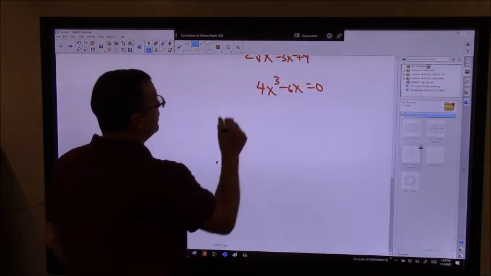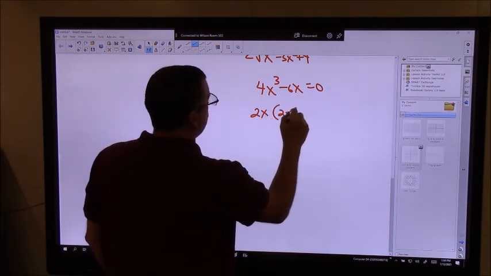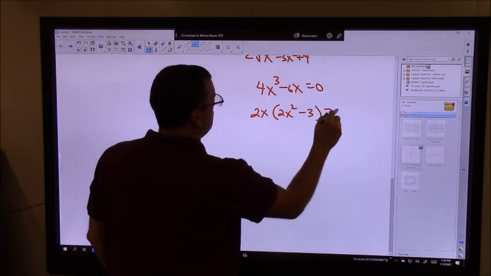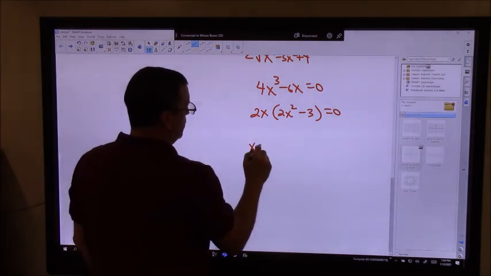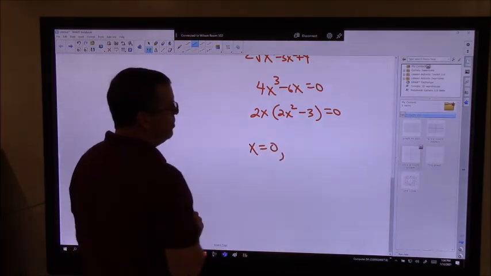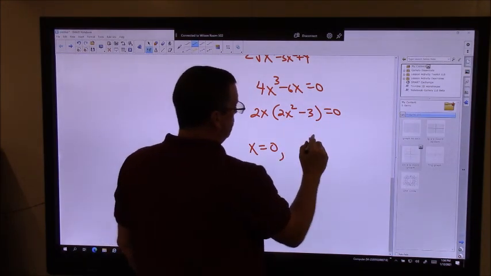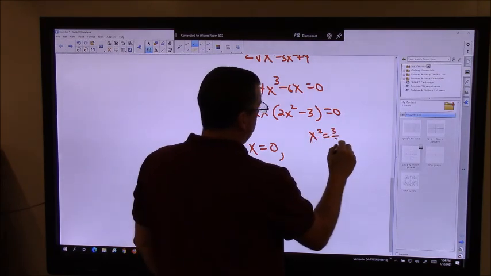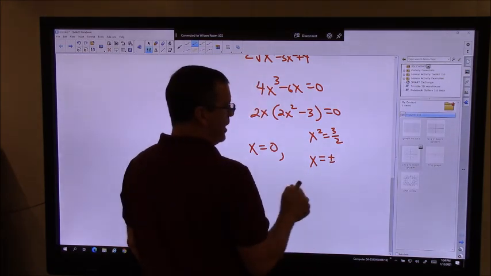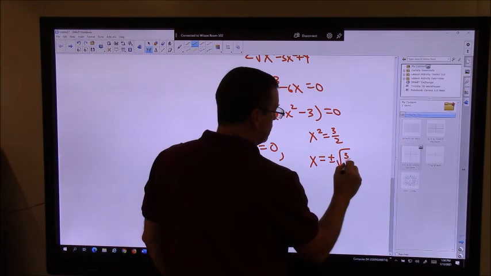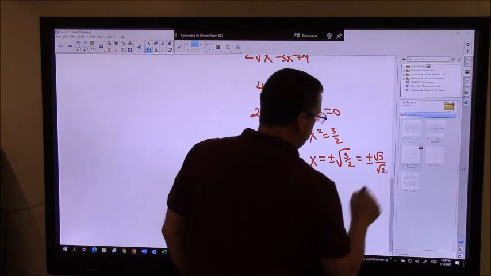So let's see, I'll factor out a 2x, and so I'm left with 2x squared minus 3 equals 0, which to us means that either x equals 0, or, what would it take for this to equal 0? Well, positive 3 over 2, so x squared would equal 3/2, and then x would have to equal plus or minus the square root of 3/2, which is root 3 over root 2.